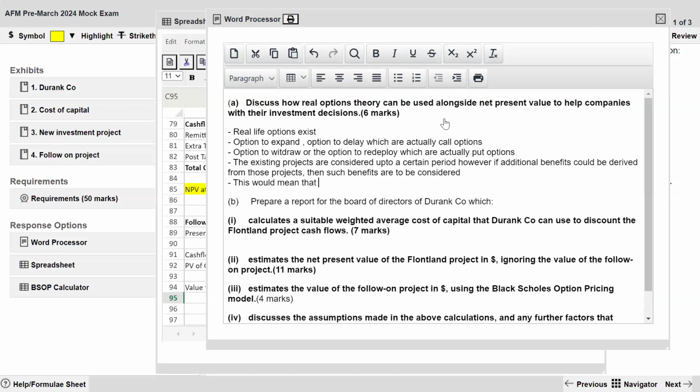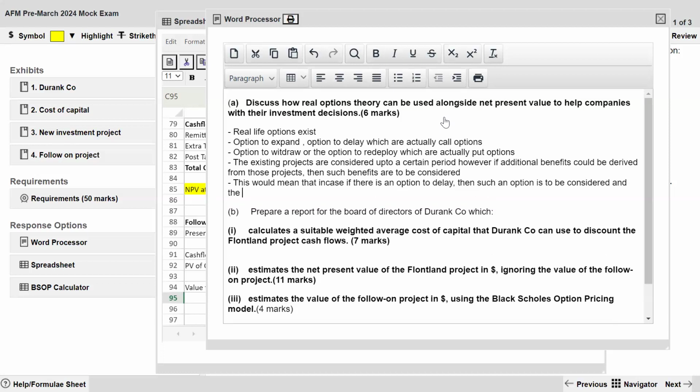This would mean that in case there is an option to delay, then such an option is to be considered. And the NPV assessment to be made.